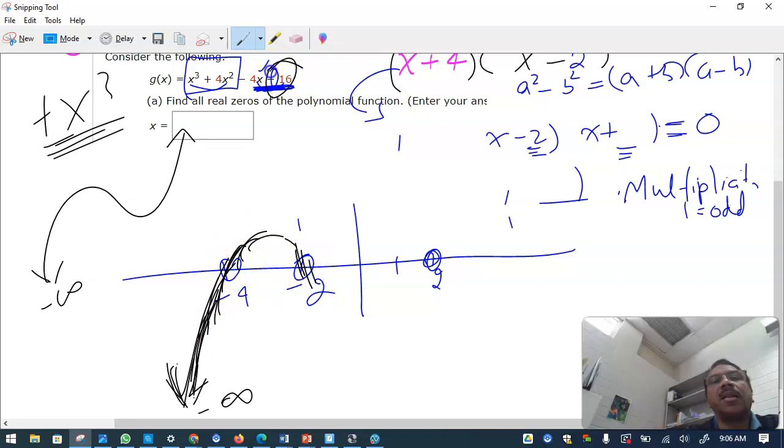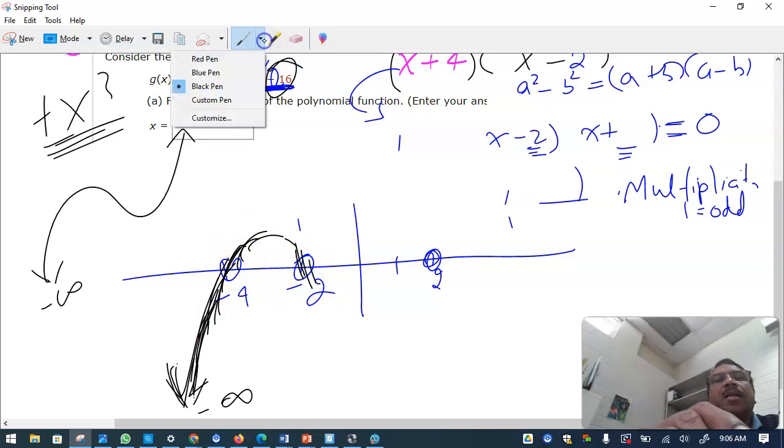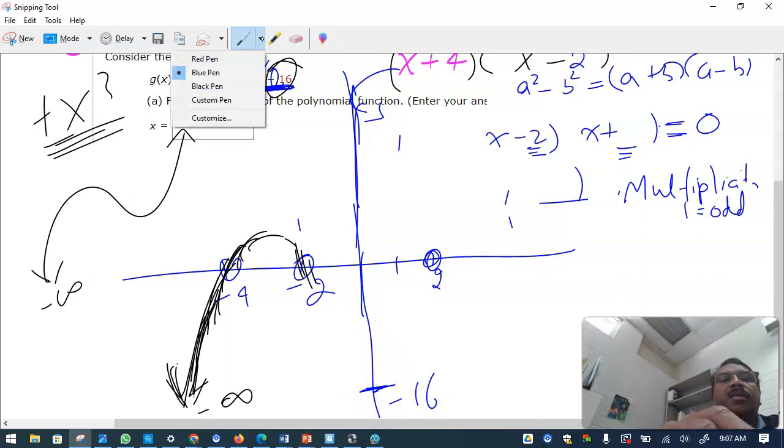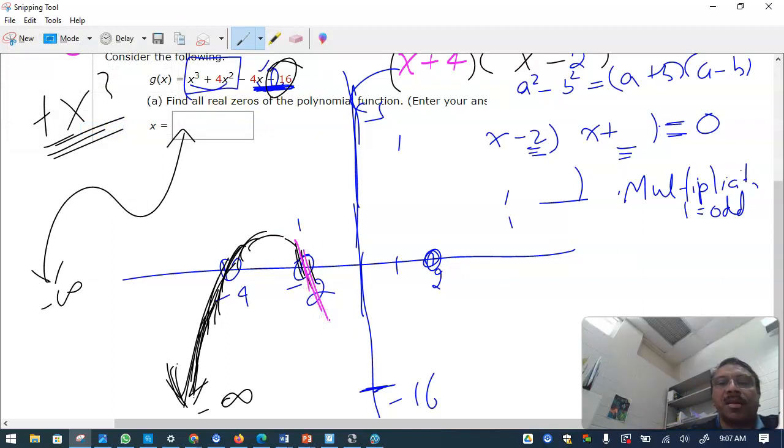There is a minus 16 here. What does minus 16 mean? It's the y-intercept. Somewhere down here there's a minus 16. So this graph will go across, maybe it goes through this point, and then it has to go to plus 2.